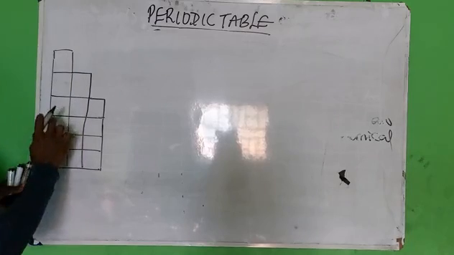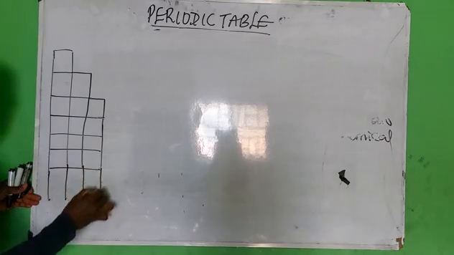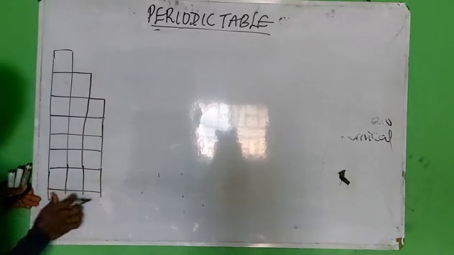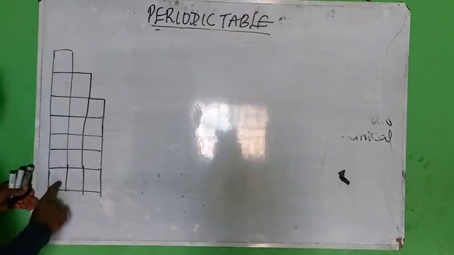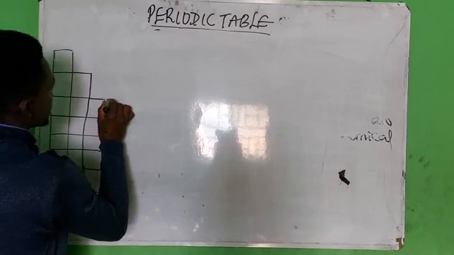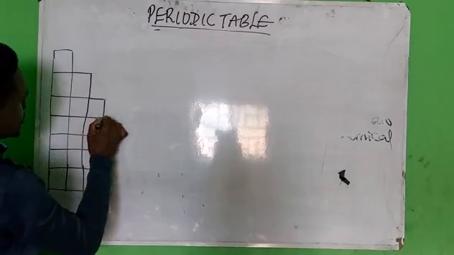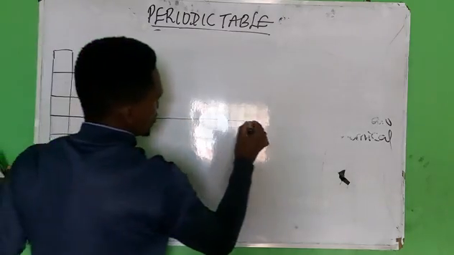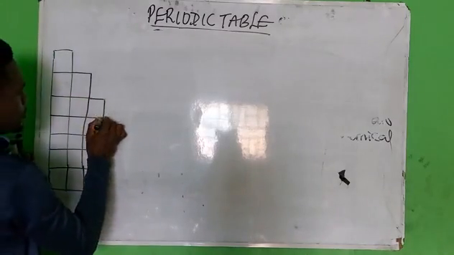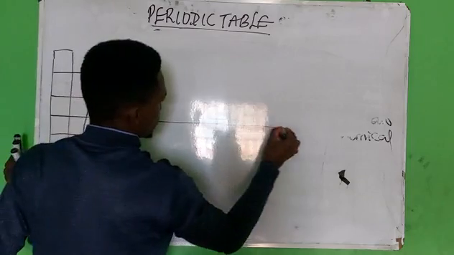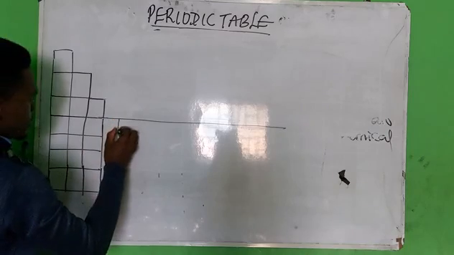Note that there are 7 periods in the periodic table. There are 7 periods and 18 groups altogether.